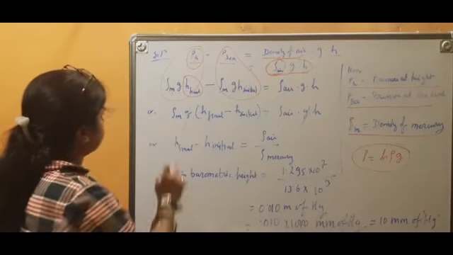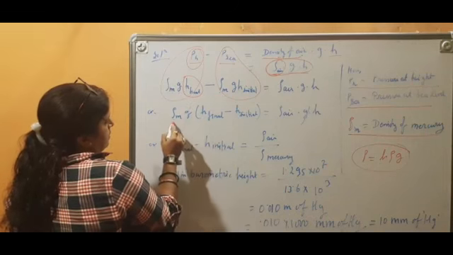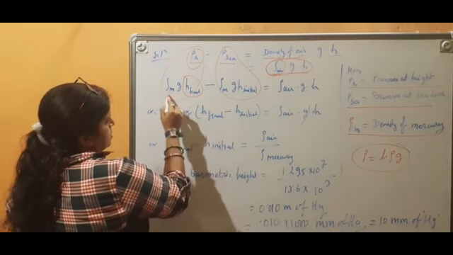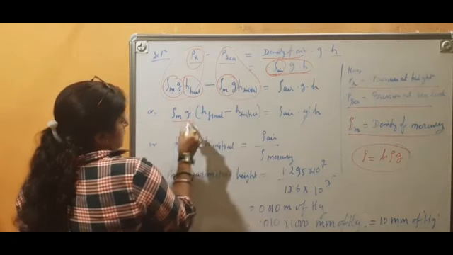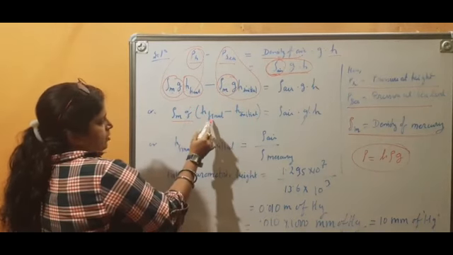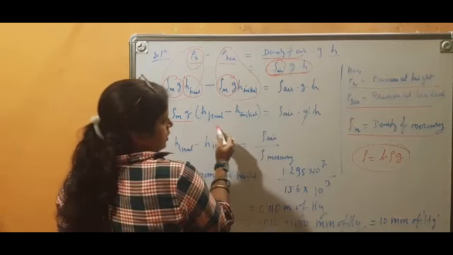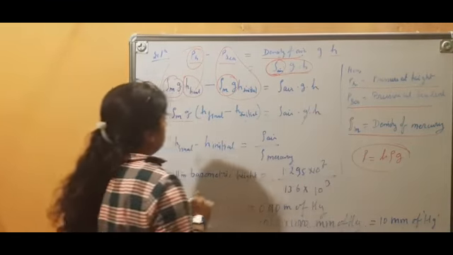Now from both places we can see that density of mercury and acceleration due to gravity, these both things we can take as common. So we have taken them common, and inside the bracket the remaining things are final height and initial height. And here I just copied the three letters.